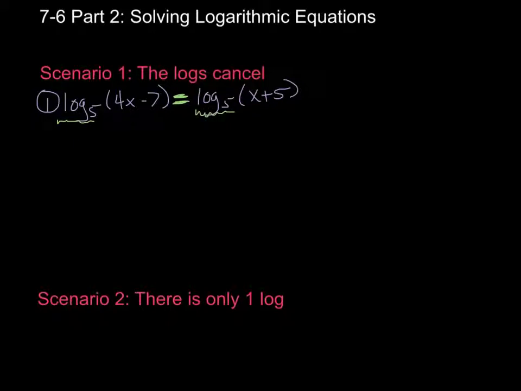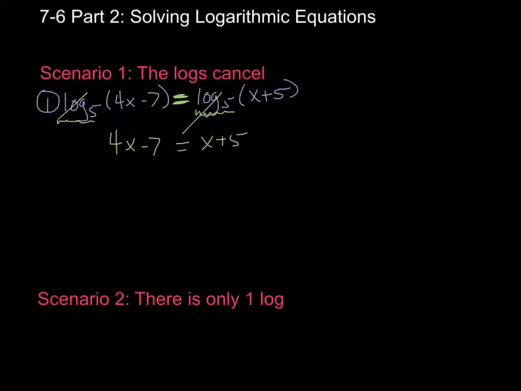So if the two sides are exactly the same and they already have the log 5 the same, then it must be that the 4x minus 7 part has to be equal to the x plus 5 part. There's no other possibility. The left side equals the right side. The logs are already the same.